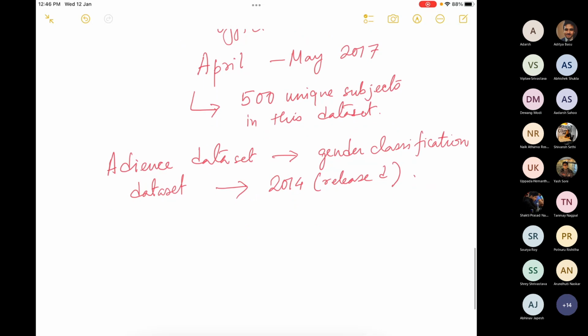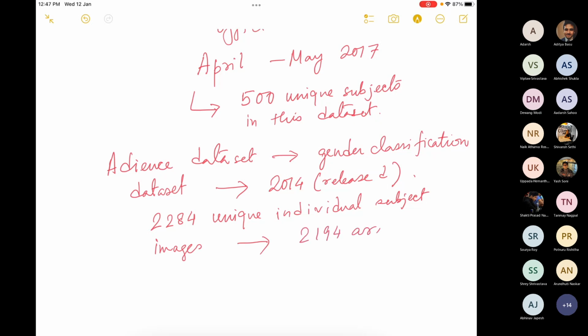It has around 2284 unique individual subject images, but out of this, only 2194 are properly discernible.